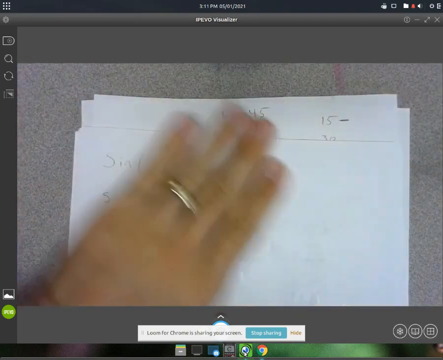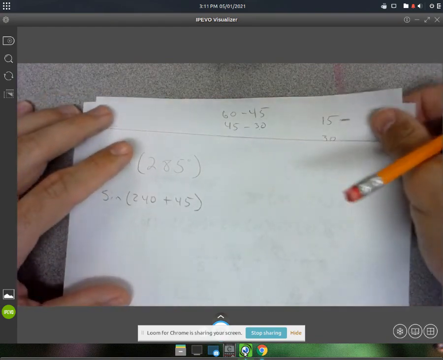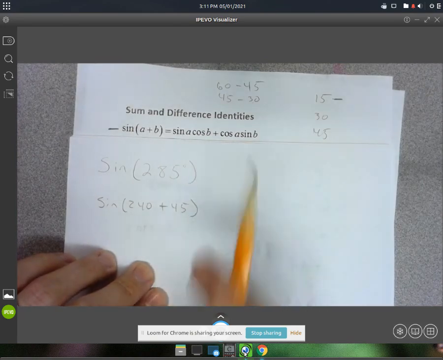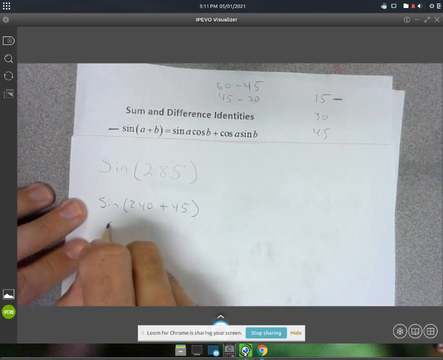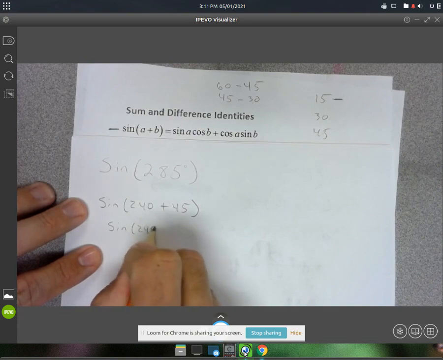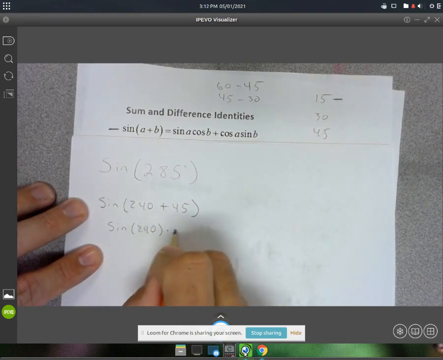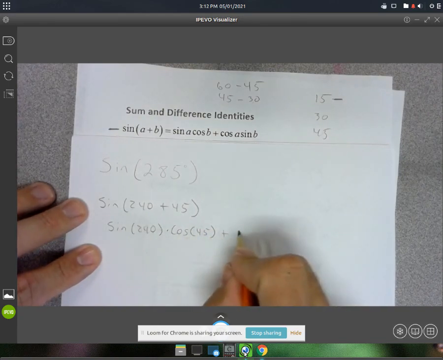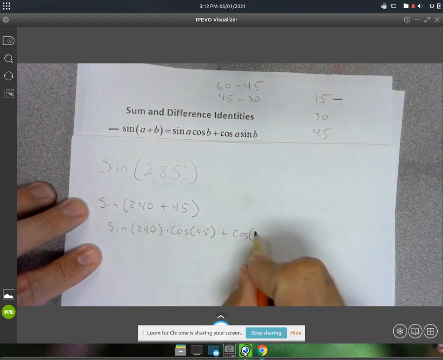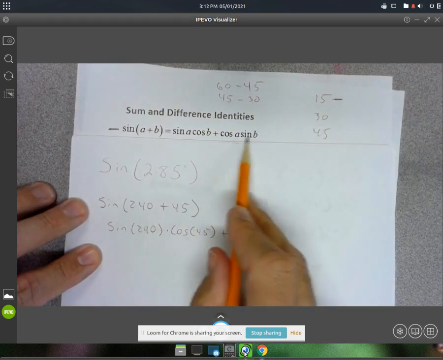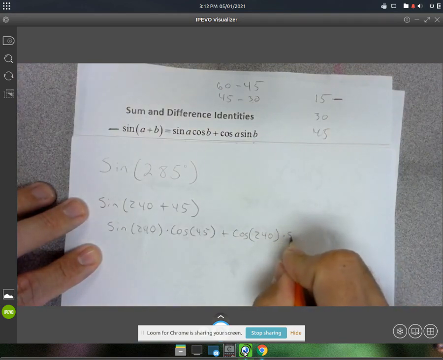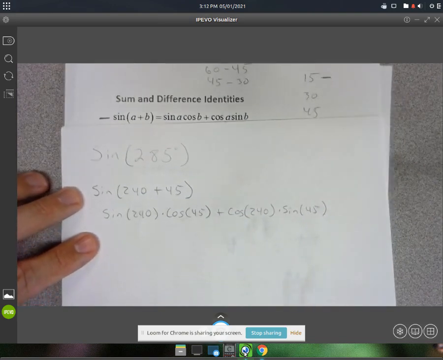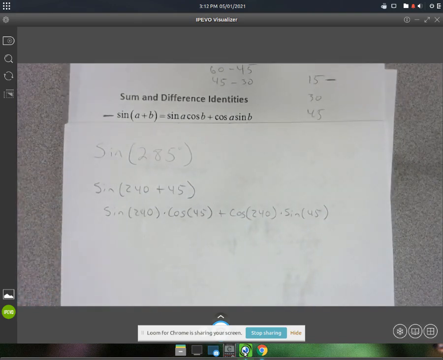It starts off with sine A cosine B. So it's going to be sine of 240 times the cosine of 45, plus the cosine of 240 times the sine of 45. Okay, there's the setup. Let's evaluate these now.